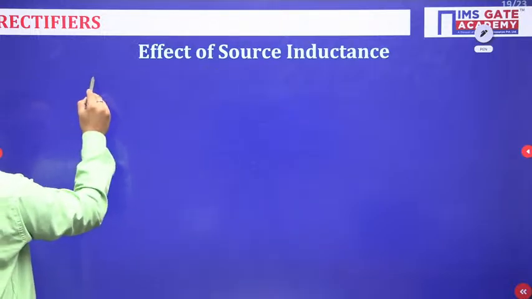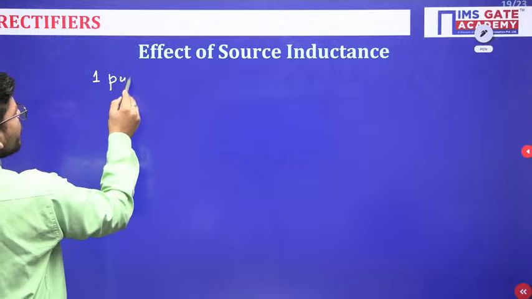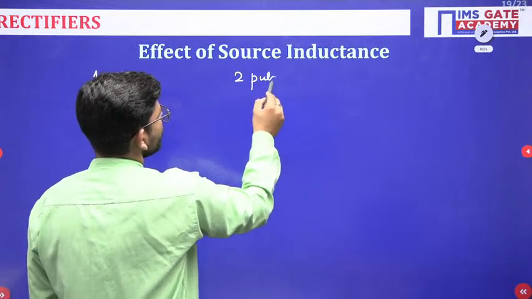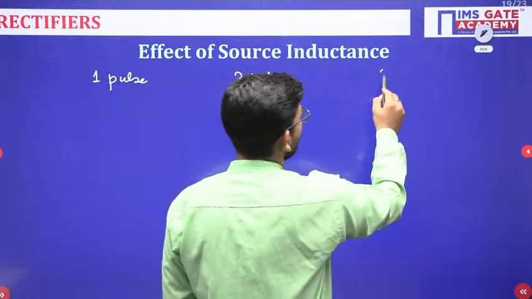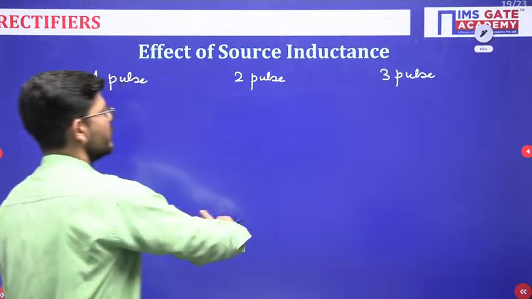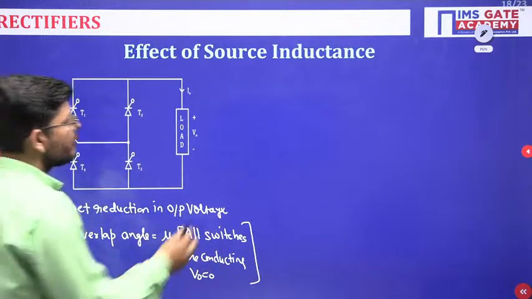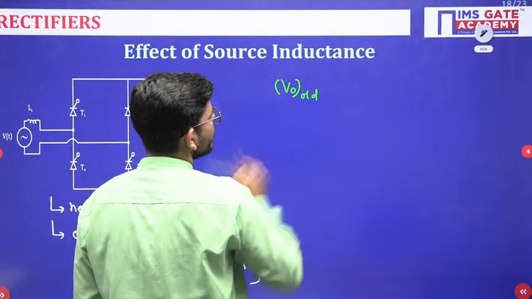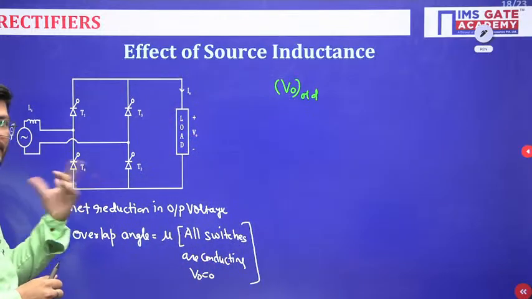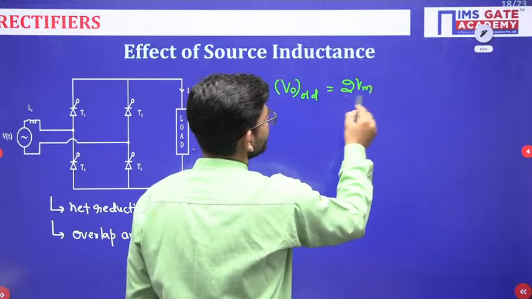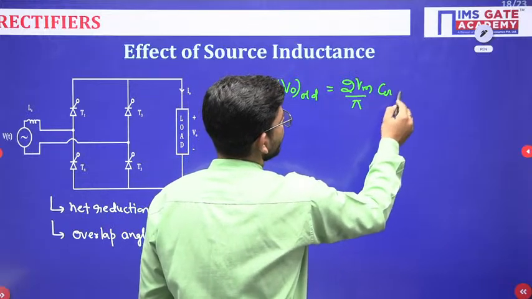So if suppose we have single pulse converter, or 2 pulse converter, or 3 pulse converter, we will be having the old output voltage. For example, we have here 2 pulse converter. So in 2 pulse converter, what is the output voltage expression? It is 2 Vm by pi cos alpha.